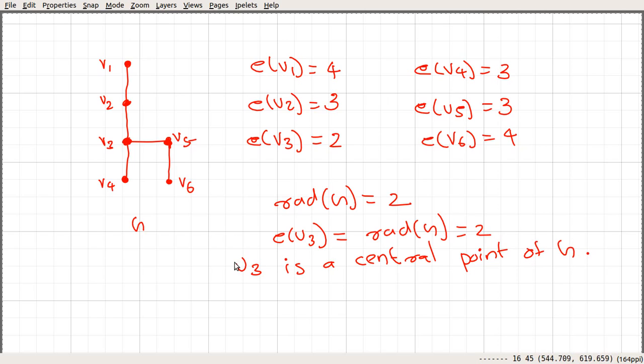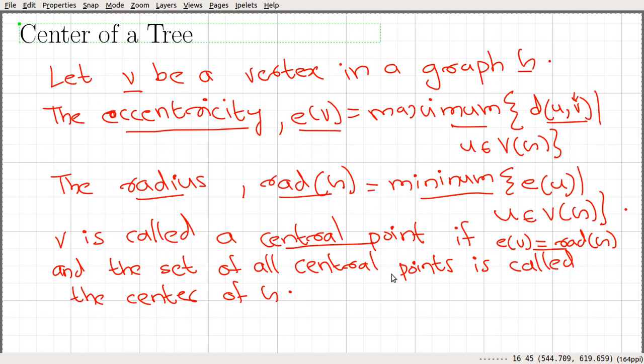Okay, so a graph in general could have more than one central point. In this case it happened to be a graph with only one central point. Okay, once you have the idea of a central point, we can define what is called the center of G. The center of G is nothing but the set of all central points.